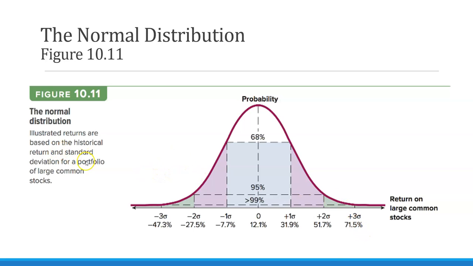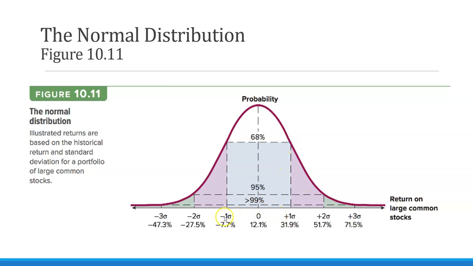So the illustrated returns are based on the historical return and the standard deviation for a full portfolio of large common stocks. So we have the return on large common stocks and the probability of that return.